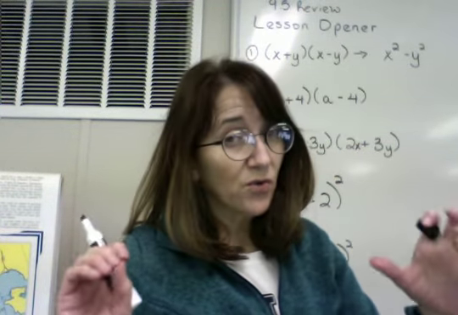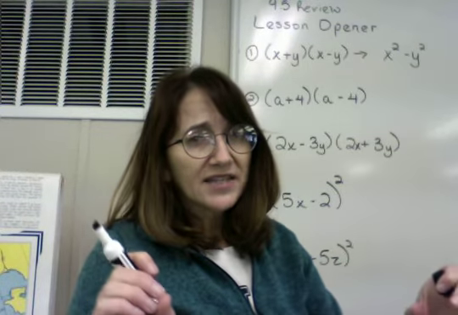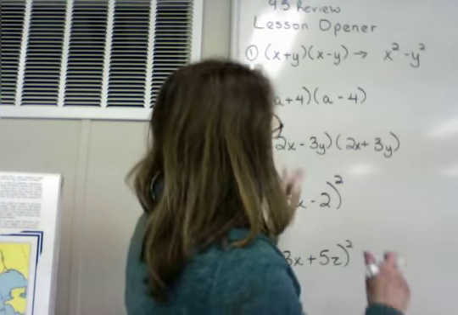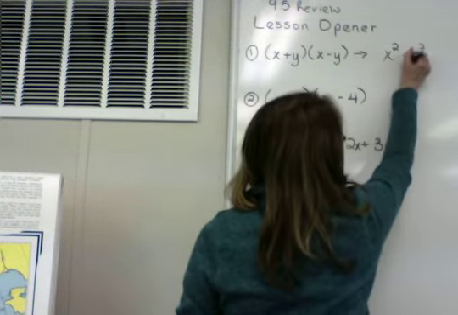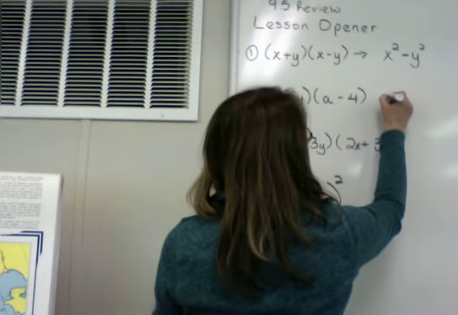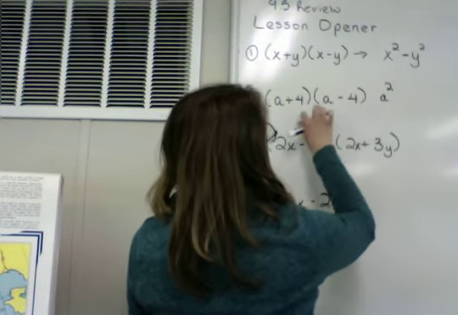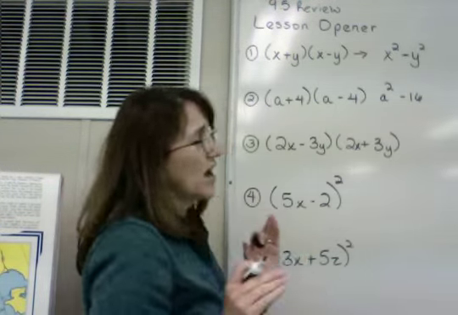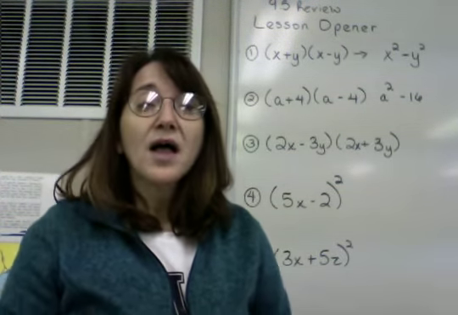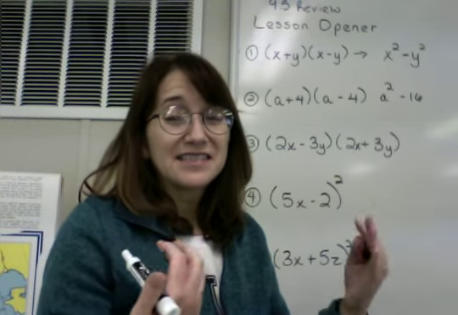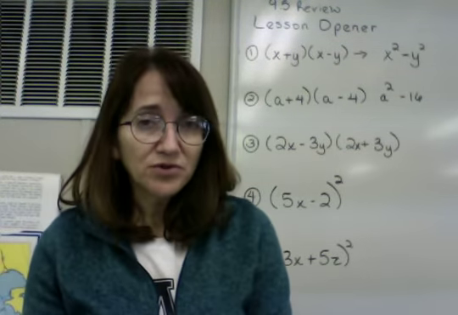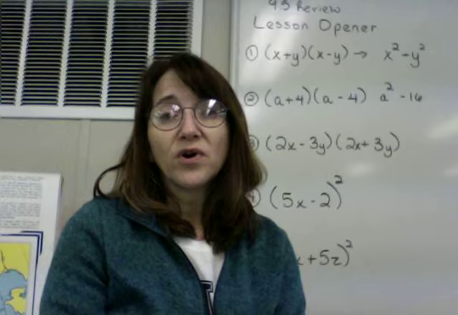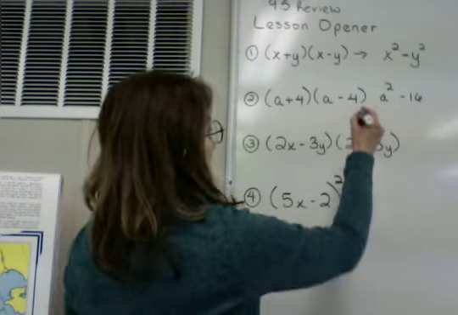We simply square the first term, square the last term, and since it's the difference of squares, that second term will be negative. So that would be a squared. I'm going to square this last term, and that's going to be a negative 16. I don't have to worry about the middle term because it's canceling itself out. You're going to have the same middle term except one's positive, one's negative, and it goes away.